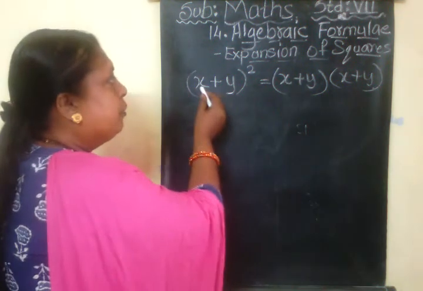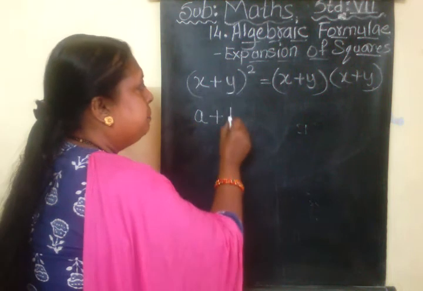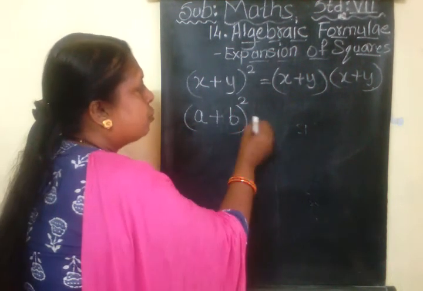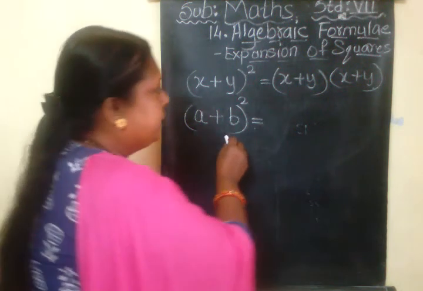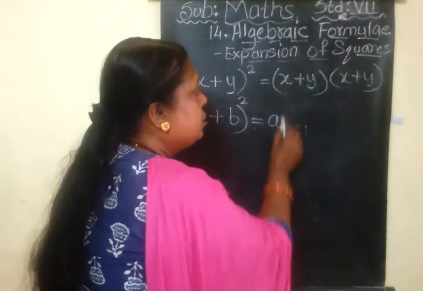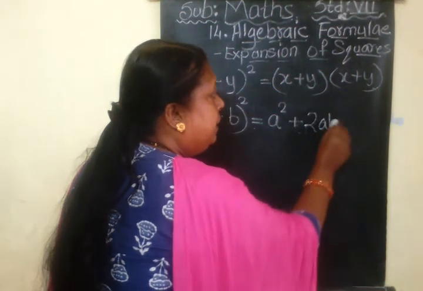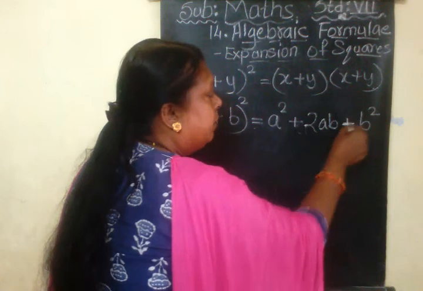Now suppose my x is a and my y is b, and its square. So the expansion formula tells me that it is a square plus twice ab plus b square.